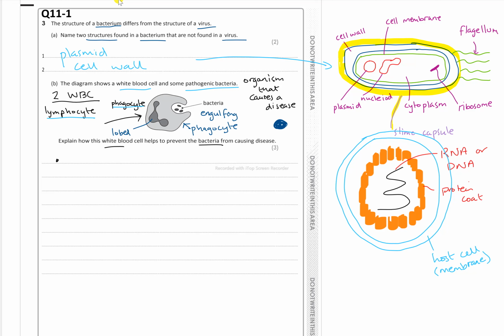So what this does is this engulfs the pathogen. It then releases digestive enzymes and kills and breaks down the pathogen.